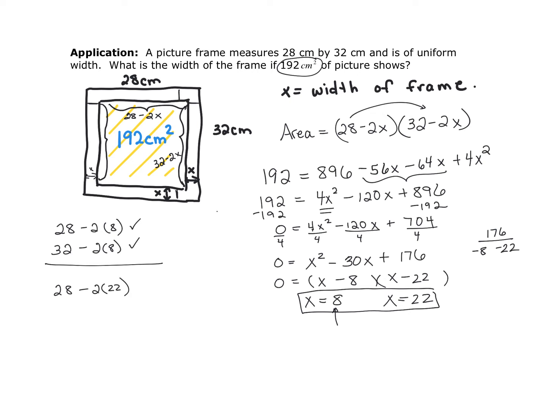So in this particular case, x cannot be 22 because it's too big of a frame to make the 28 centimeters and the 32 centimeters. So the width of the frame, and we always answer in a sentence, is 8, and we want to make sure we use our correct units, 8 centimeters.